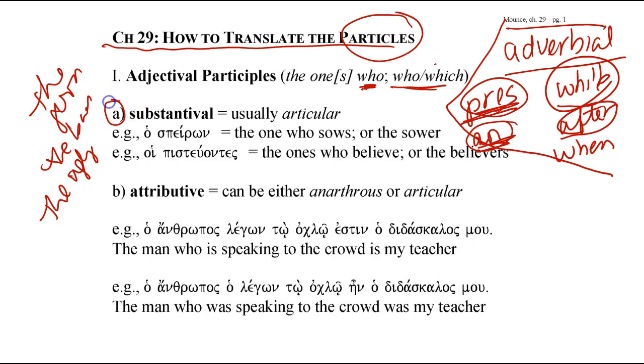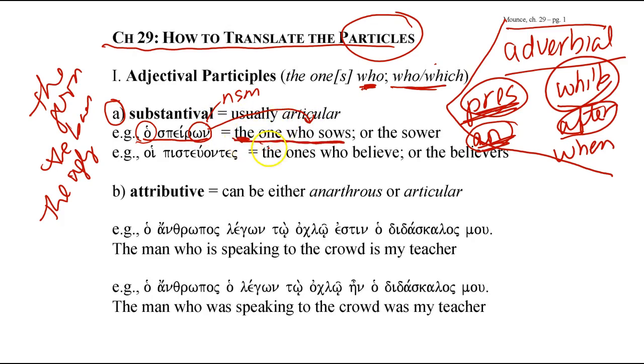So here is a substantival example, a very famous one. Ho speiron. Notice this ending, nominative, singular, masculine, present participle. That is a participle. And when we see the parable of the sower, literally what it says is, here's the definite article, the one who sows, where we translate the participle here.